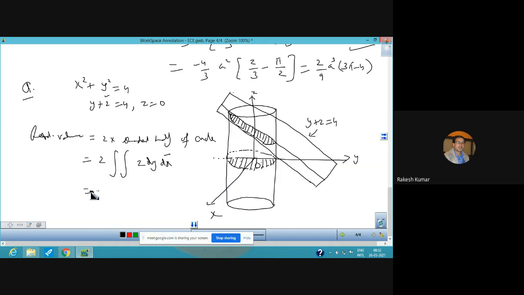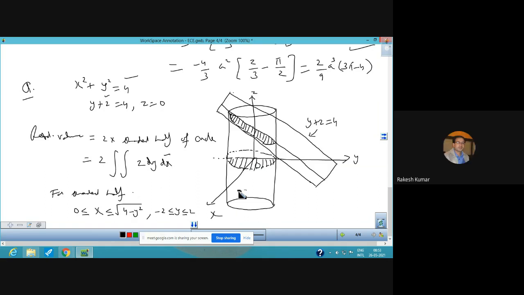Now we have to find out the limits, where limits of x and y are evaluated with the help of the cylinder. So for the shaded half, your limits of x can be calculated from the equation of the cylinder. This one, this is your value of x, and y is minus 2 to 2.